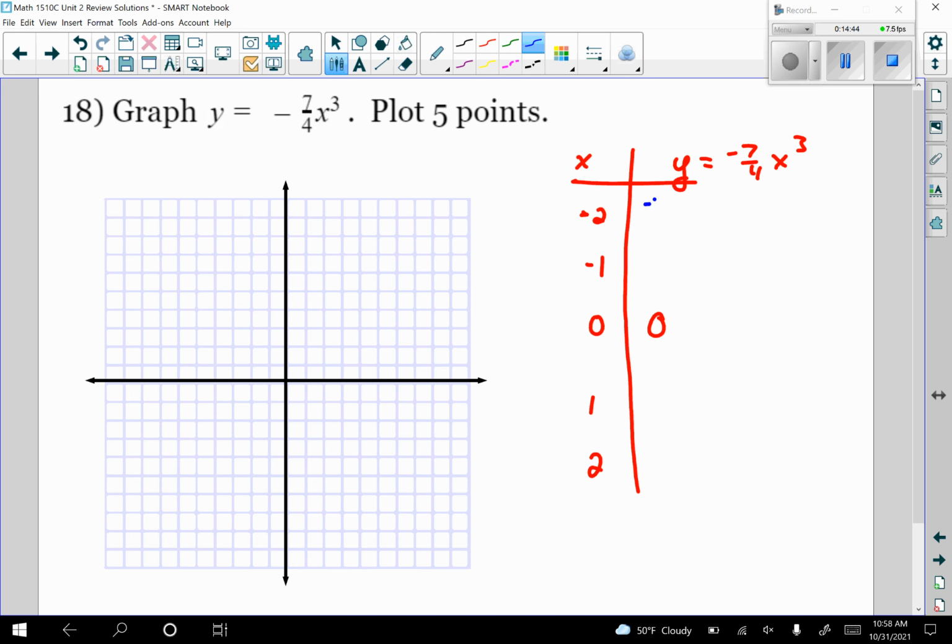So here we're going to have negative 7/4. 2 cubed is 8, so I'm going to put 8 over 1. So this will give me 4 goes into 8. We can do it this way. 4 goes into 4 one time, 4 goes into 8 twice, so we're going to get a negative 14.